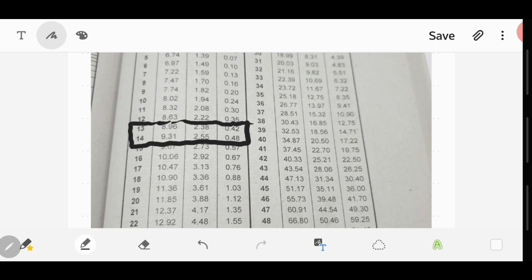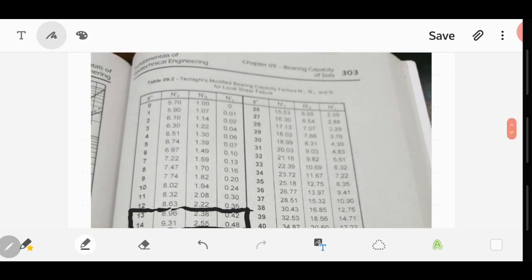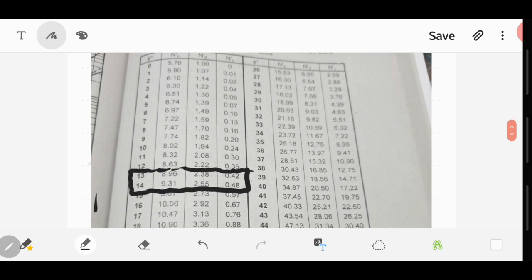I will let you try interpolating this one, but I will try to use 14.